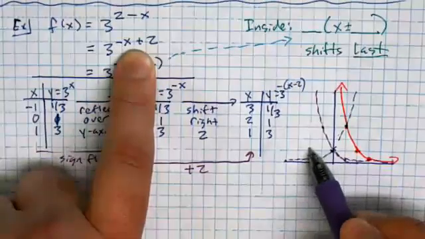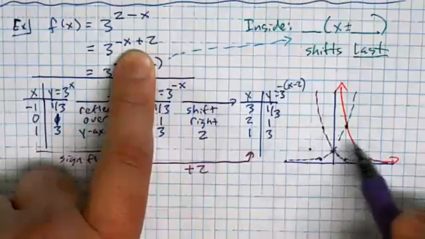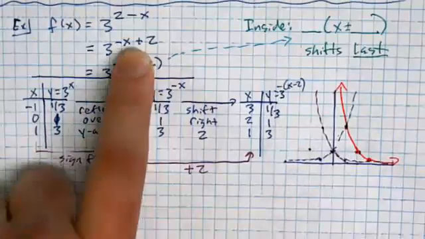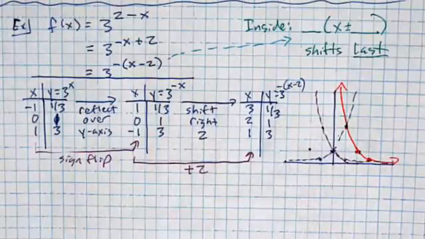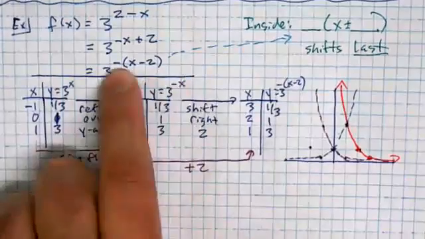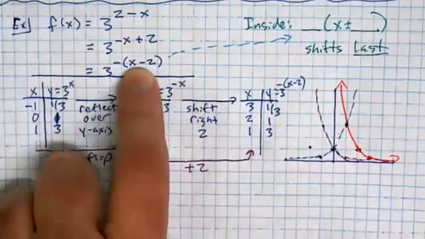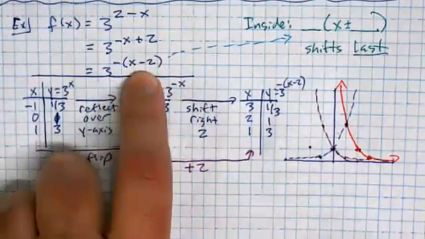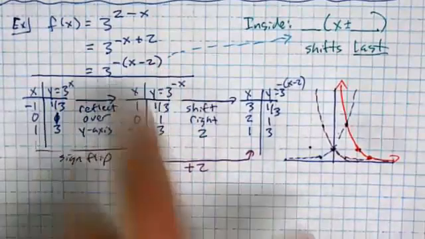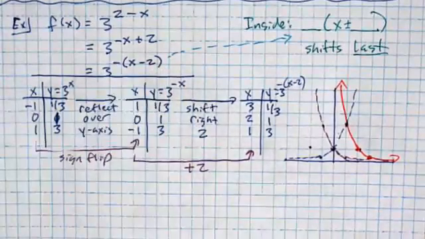But then after I reflected it over the y-axis, it would end up at that spot. So we'd end up with the same graph either way. It's just that I'm always going to work to get it in this format because I'm used to it. Because this is how we've seen most of our work with transformations before. And that's how we're going to be dealing with trig functions later on as well.